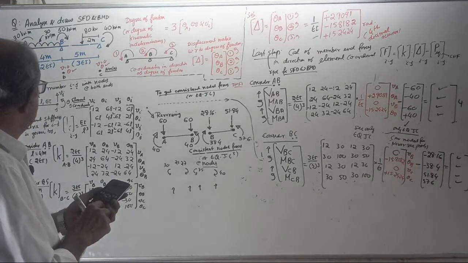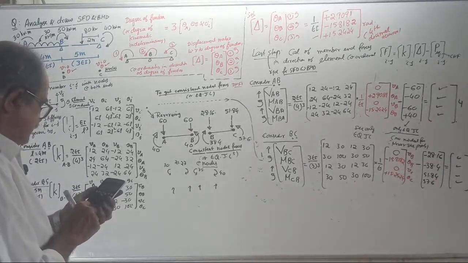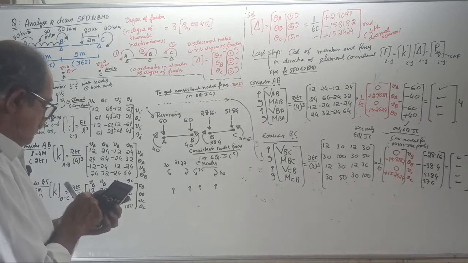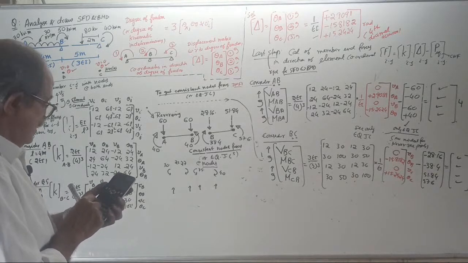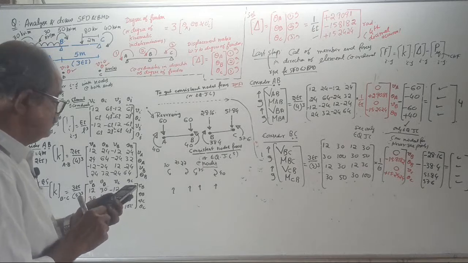.5. This is 45 plus 1.5 into minus 15.8182. 21.27.